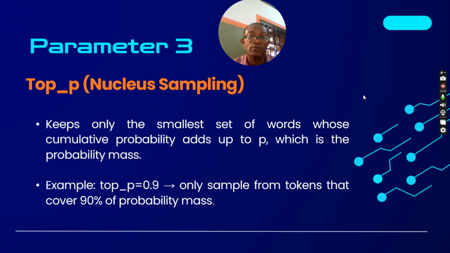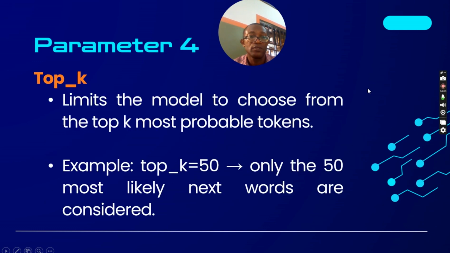Parameter number 4 is the top K. It's another important parameter to keep in mind when building large language models like a pro. The top K limits the model to choose from the top K most probable tokens.